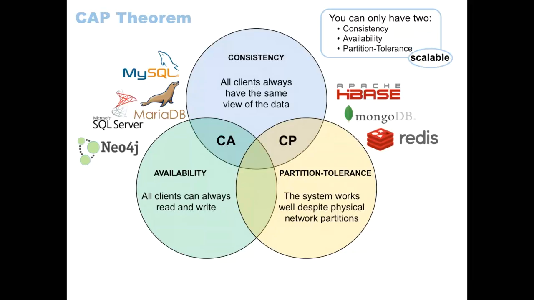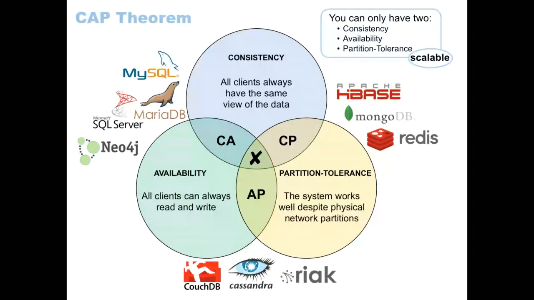Now, in the availability partition tolerance category, we have databases like CouchDB, Cassandra, and Riak. And the CAP theorem says there aren't any databases in the intersection of these 3.